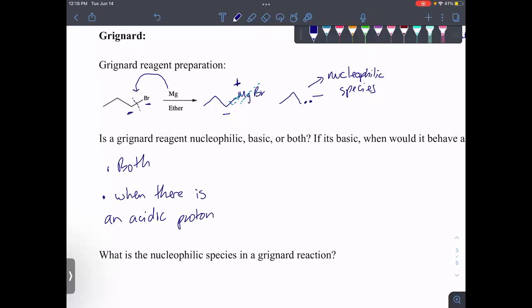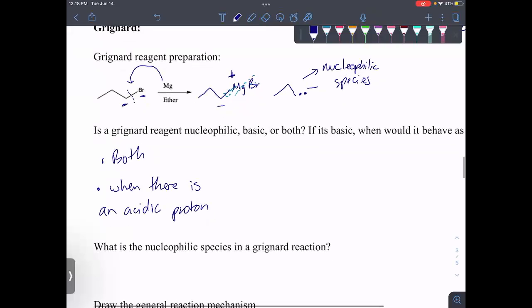It doesn't even have to be an acid like HCl. It could literally just be water or an alcohol. If you have H2O or an alcohol or a carboxylic acid, each time without fail, because the Grignard is such a strong base, it's so unstable, it's just going to take all these protons and you're not going to get the desired reduction that you wanted.